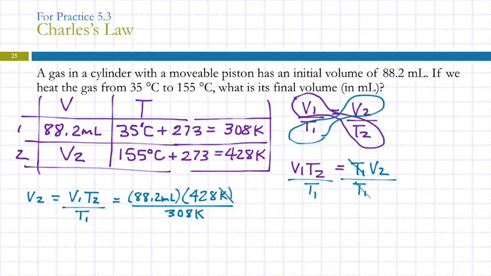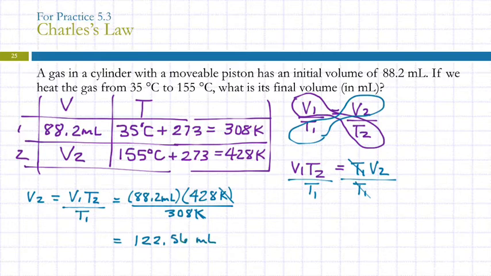Look at the units. The Kelvins cancel out, and so I'm going to end up with milliliters as a volume unit, which is good. So my calculator says 122.56 milliliters.